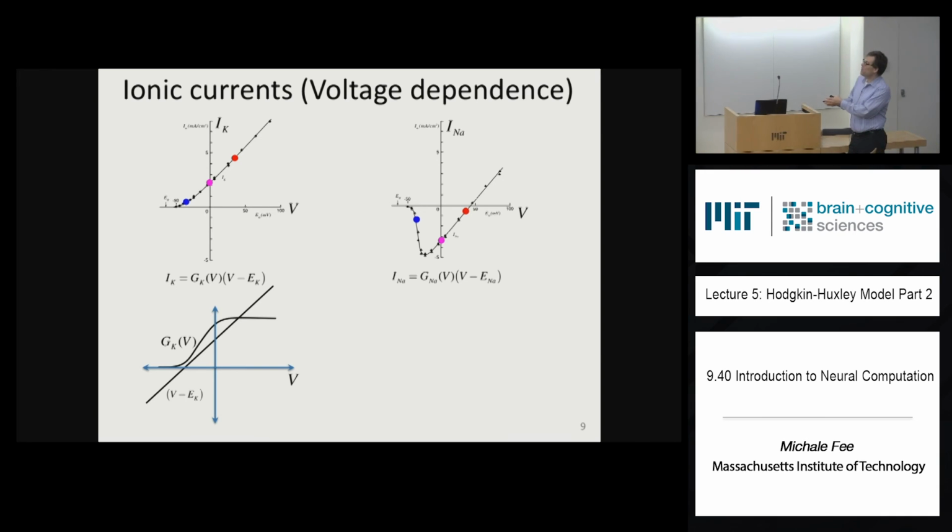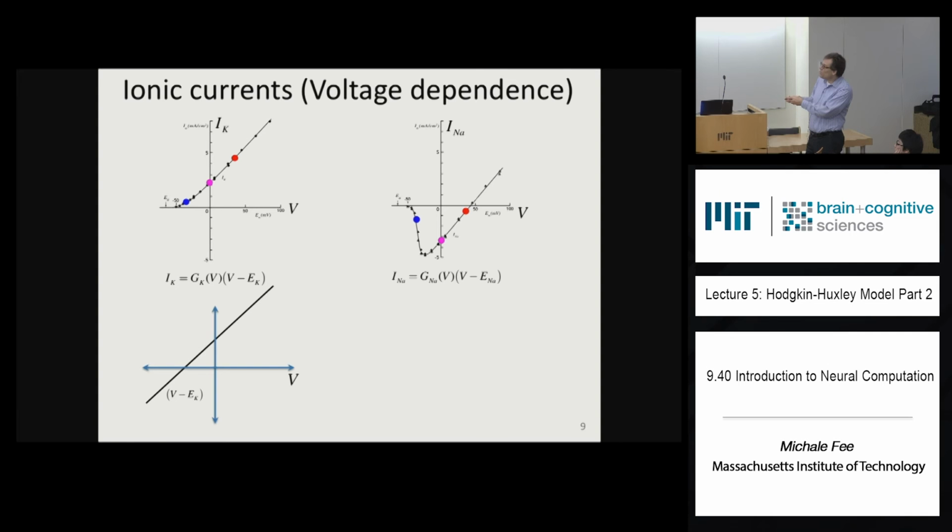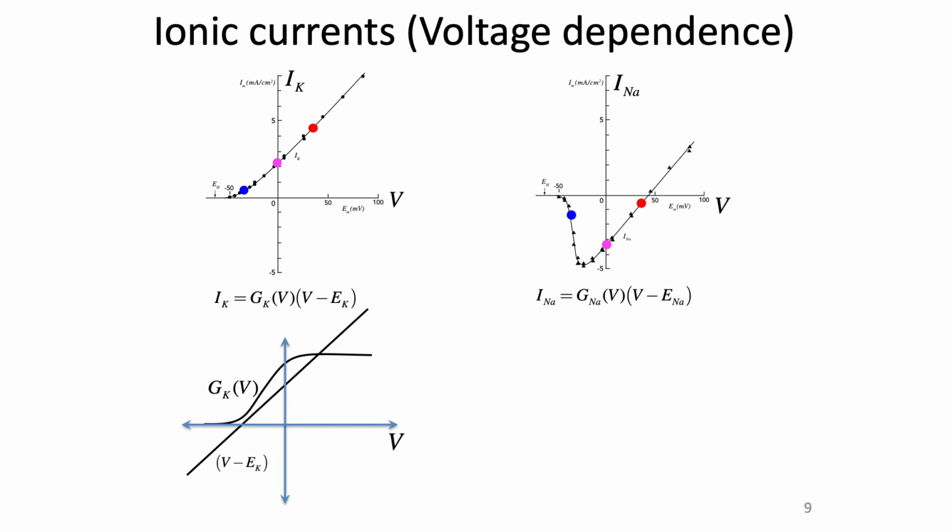If this G were just a constant, no dependence on voltage, good, it would look just like this, right? So the reason this curve shuts off and goes to 0 is that the conductance goes to 0 down here. And it's constant up here. Does that make sense? And that curve just looks like that. It's 0 down here and constant up here.